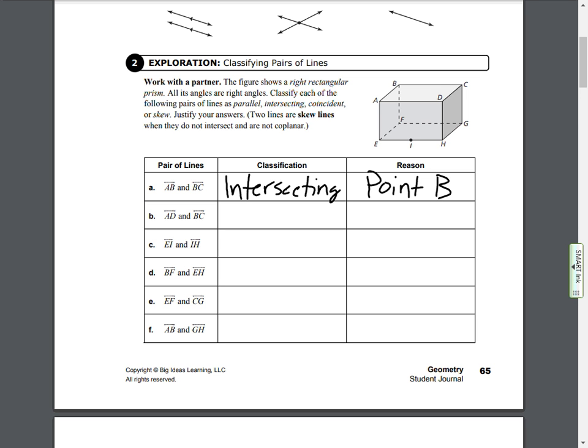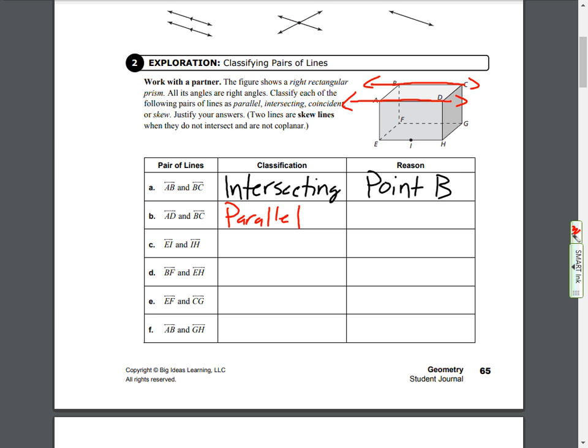Part B, it says line AD. AD is right there. And line BC. Those two lines are parallel. And the reason for that is those two lines will never intersect. How do we know that? How do we know that maybe they will in time?